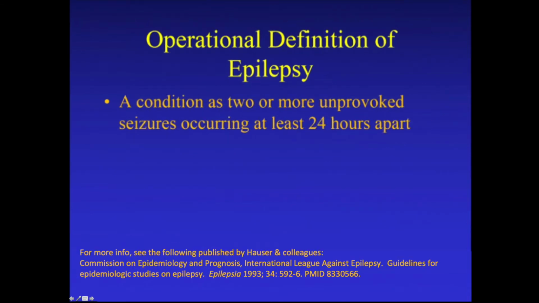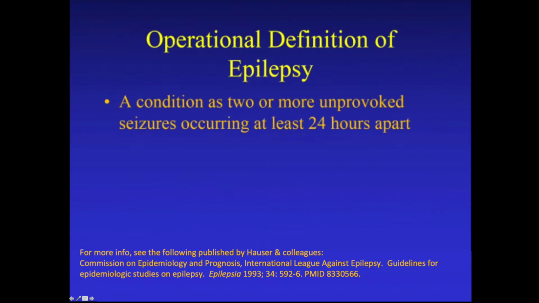Operationally, epilepsy is considered a condition in which seizures tend to recur, and so we define it as a condition of 2 or more unprovoked seizures occurring at least 24 hours apart.